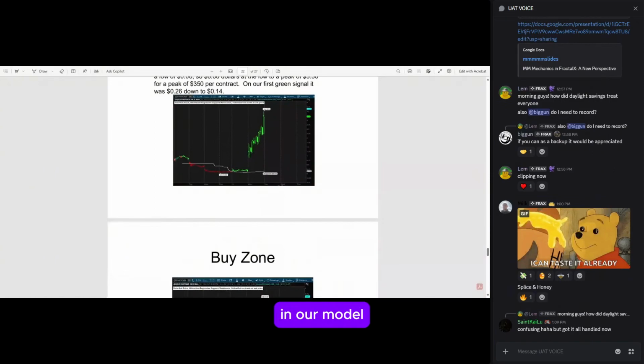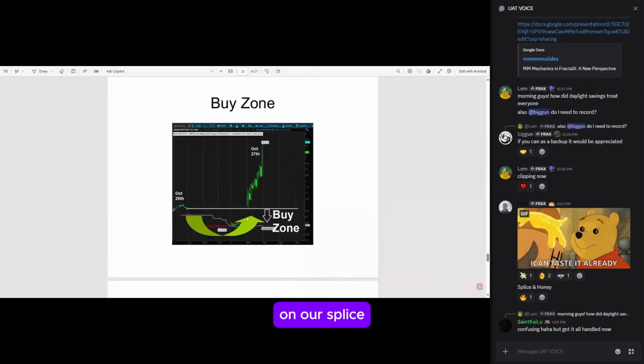So again, in our model, this becomes that buy zone area on our splice graph by putting in the green. And if we have a green candle, by definition, the peak price will be nearer the close of the day.